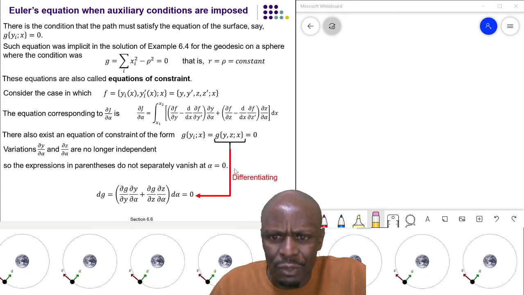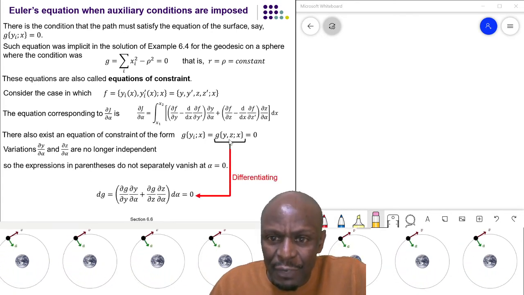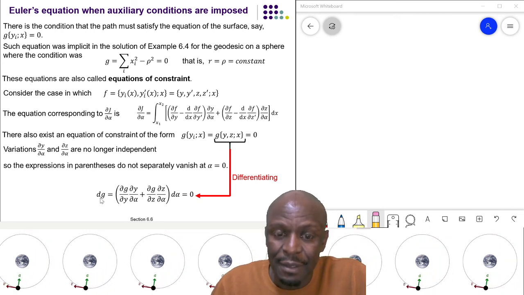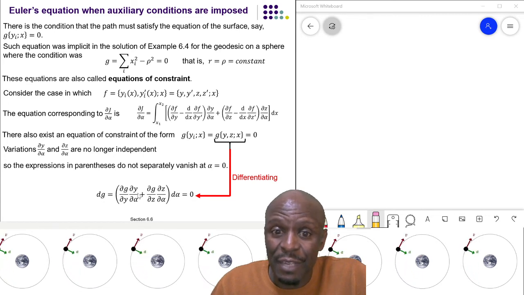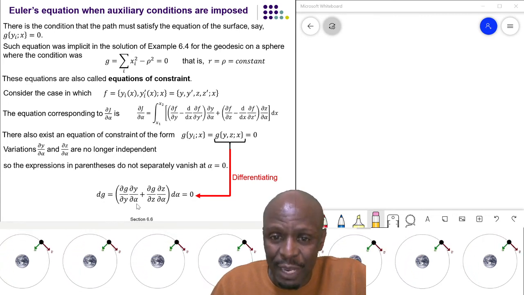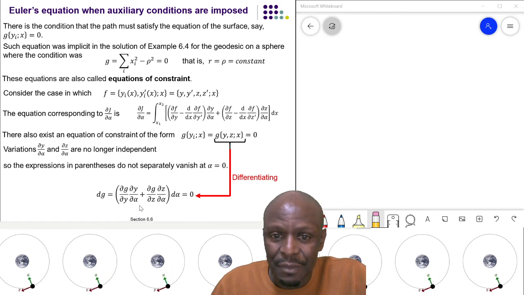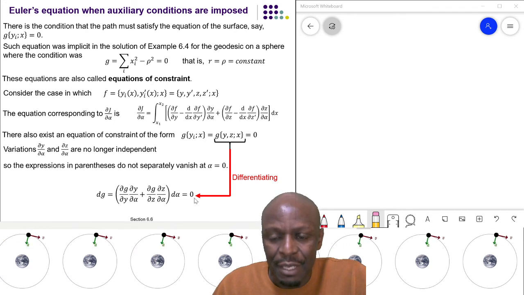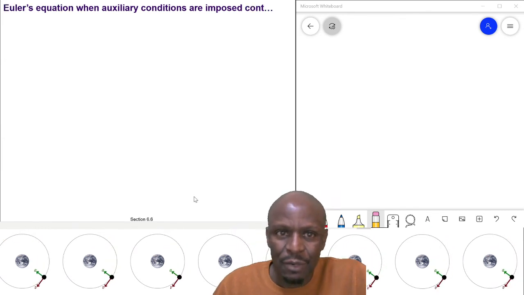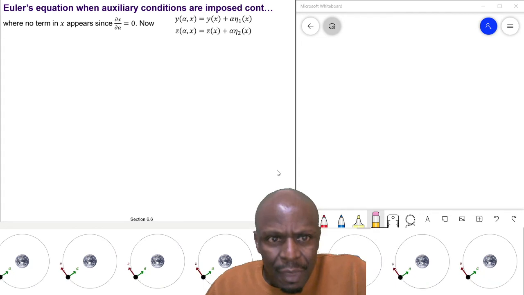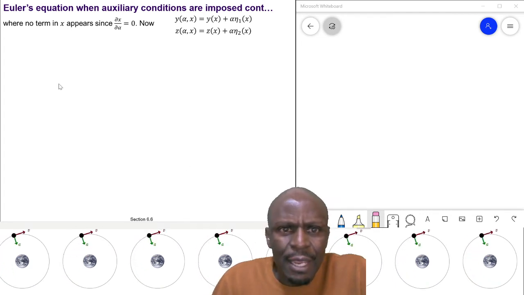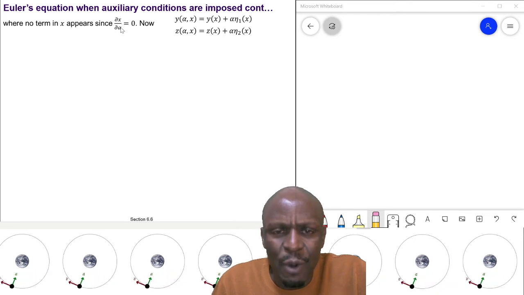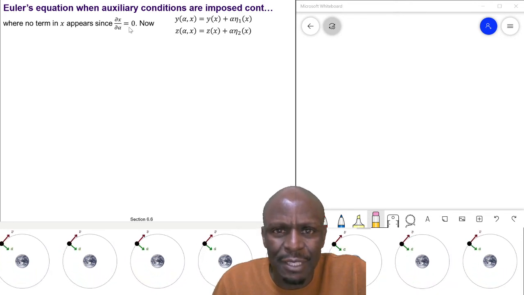So it's not vanishing. Therefore, when we differentiate the g from the previous slide, this is what you are going to have as your dg with respect to alpha. That must be equal to 0. Because no terms in x appear, when we differentiate with respect to alpha, this is just going to be 0.